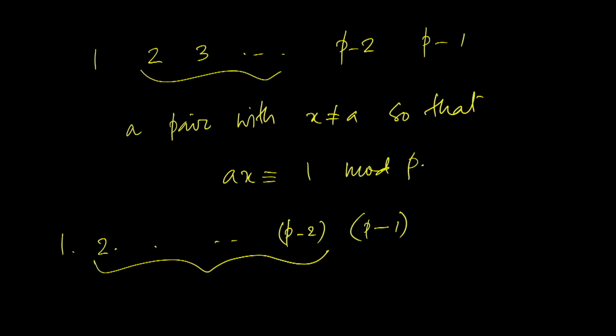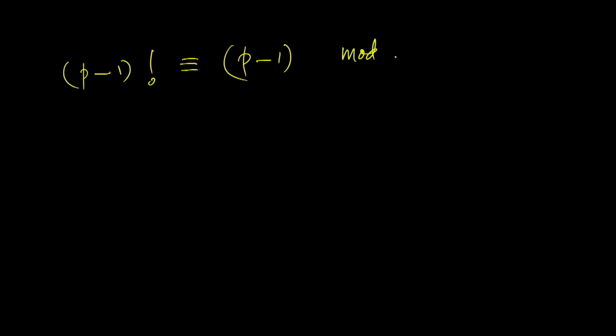Therefore, the product of all these together is 1 mod p. Therefore, this entire product, which is p minus 1 factorial, can be written as 1 into p minus 1 mod p. Or in other words, p minus 1 factorial is p minus 1 mod p.